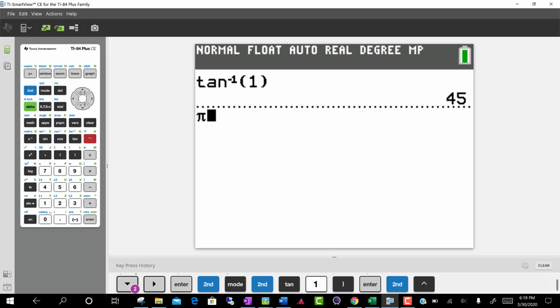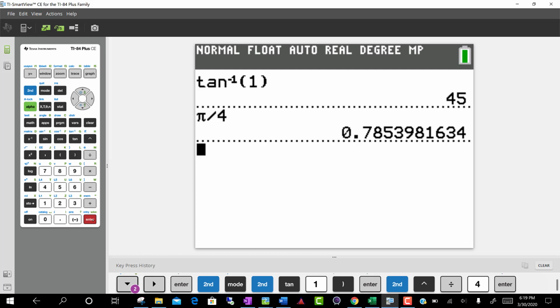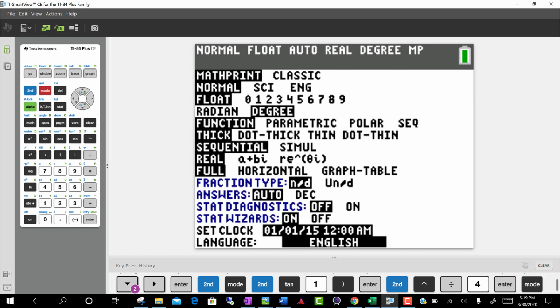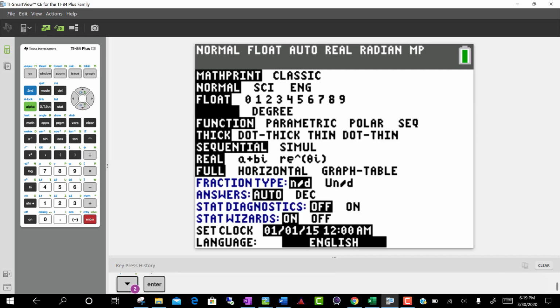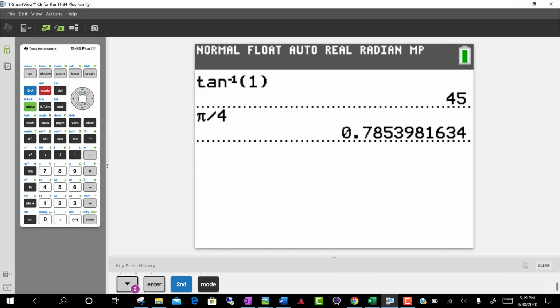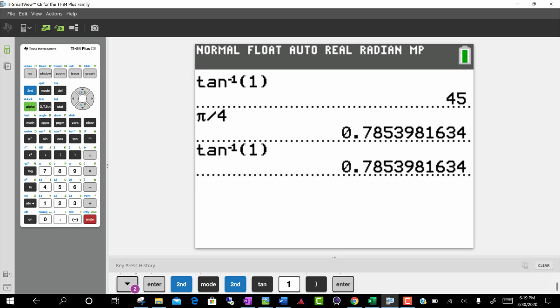So you can check yourself if you'd like. You can compare this to the answer that I would have gotten had I been in radians. So let's try this again in radians. And I should get the same decimal answer, and I do.